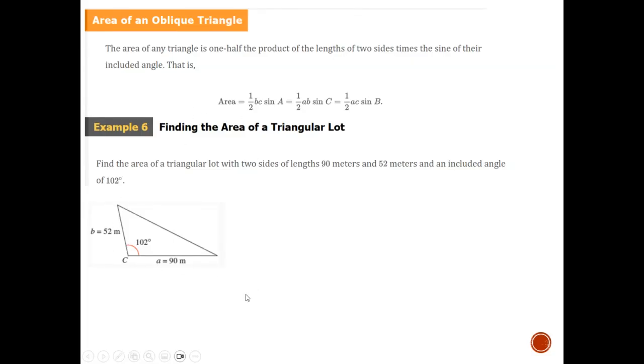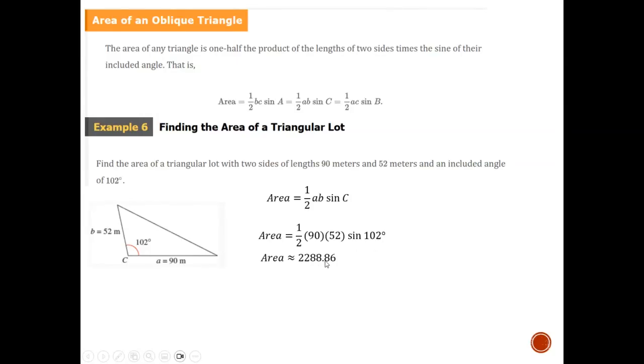This works to plug into our formula for area. So we're going to use 1/2 times the lengths A and B times the sine of that angle C. So 1/2, A is 90, B is 52, C is 102. So just properly plug everything in, and then type it all into your calculator: 1/2 times 90 times 52 times the sine of 102.